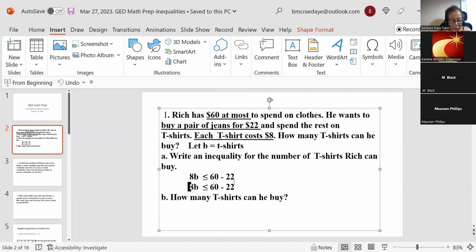And then you tell me what is B. B is 4.75. What is B? 4.75. So you solve for B.